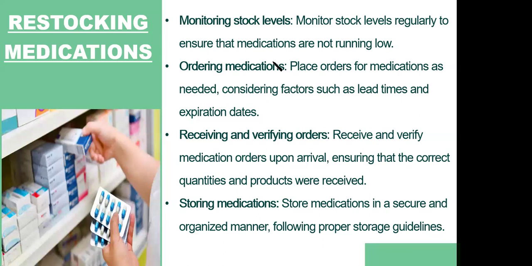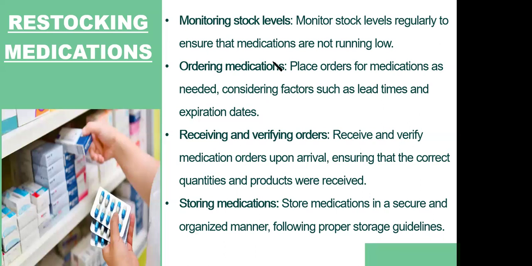Now, receiving and verifying orders. When you order drugs and you eventually get these drugs, as pharmacists to be and as pharmacy technicians, you must ensure that you verify and count, that the correct quantity is given to you, that the correct products are received, that they are not already expired before you actually receive them, and that the drugs are in good condition.